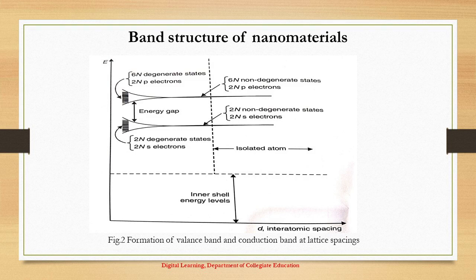This is an isolated atom with 2N degenerate states and 2N s electrons. This is the inner shell energy level gap that we see here. So this is how the band structure of these nanomaterials is formed.